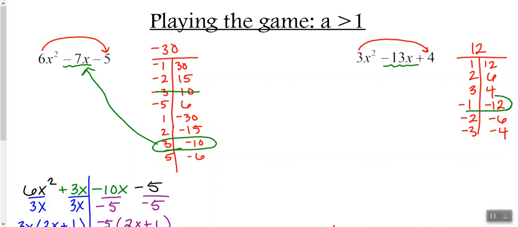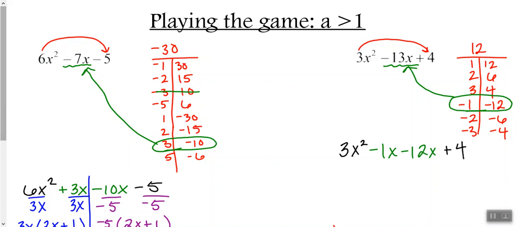And out of my list, I have my negative 1 and my negative 12. So that's getting substituted back in the middle. So 3x squared is still first. My middle becomes negative 1x minus 12x. And then the end is plus 4.